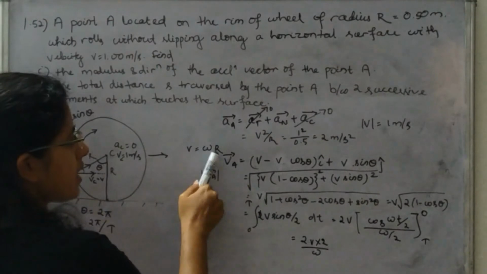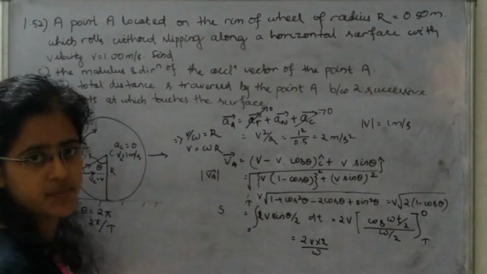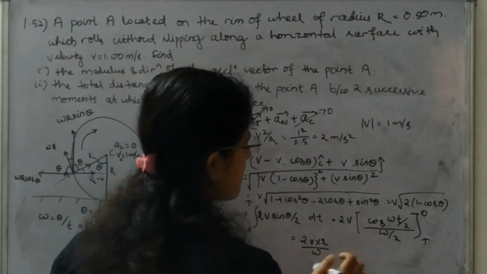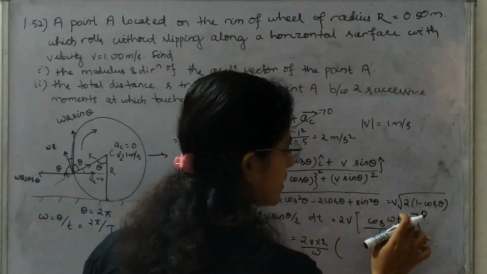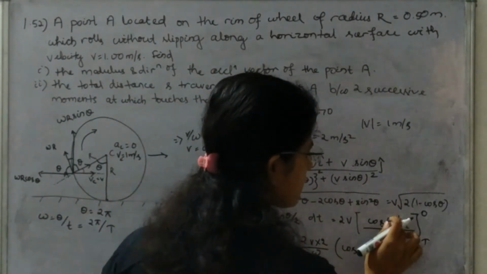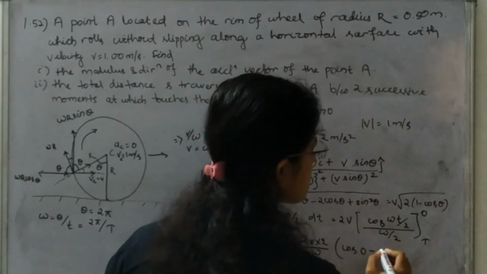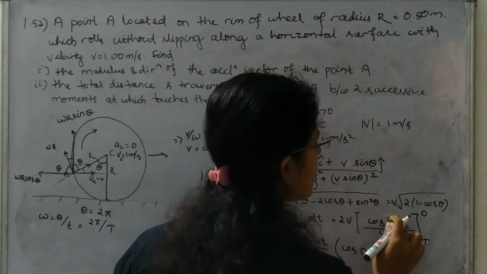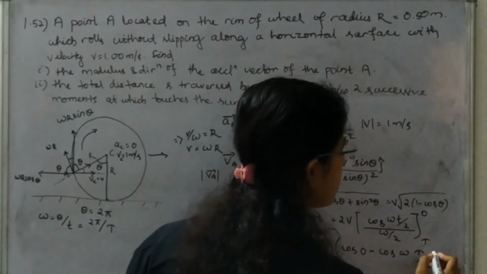V is equal to omega R. V divided by omega is how much? R. So in this place, let us take this as it is: cos(omega t divided by 2). So in place of t, first we have to put 0. 0 minus cos(omega into capital T divided by 2).